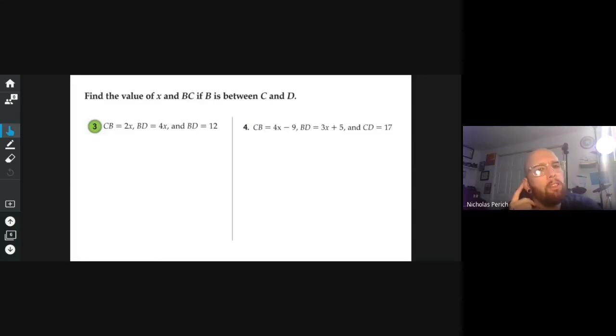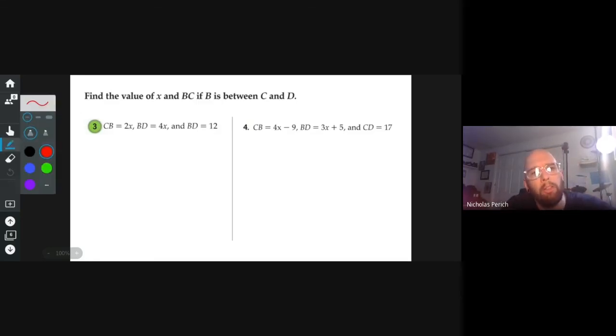So what you saw is you were given not a picture at all. That's all right. The video demonstrates how to do these types of problems, but let's just do some more, and hopefully that'll clear things up for a few of you who are saying, I'm not 100% sure how to do this. So B lives in between C and D. I will draw one picture once, just so I have it in front of me.